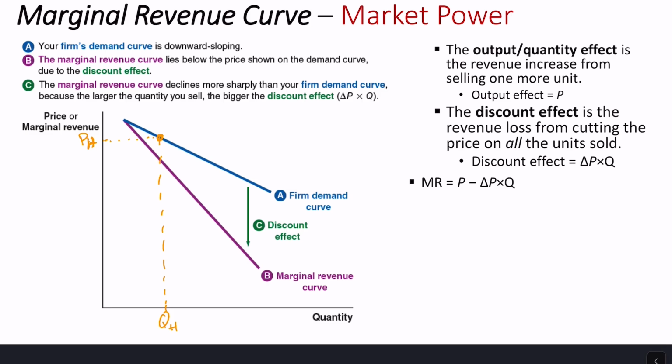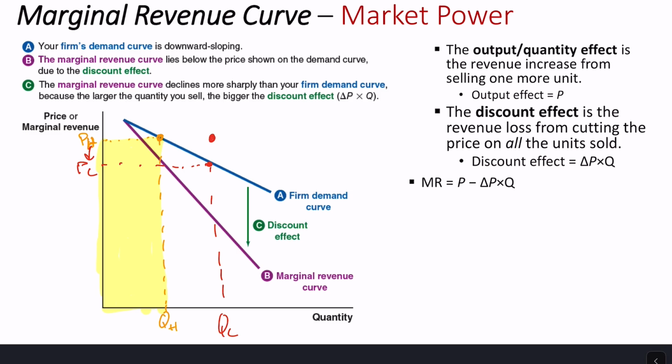Now that box that we have is going to be our revenue box of P times Q at that price and quantity combination for that high price. Well, the firm wants to sell more quantity, and to sell more quantity, they need to lower the price to P low. They can't increase their quantity out to QL by keeping that same price.